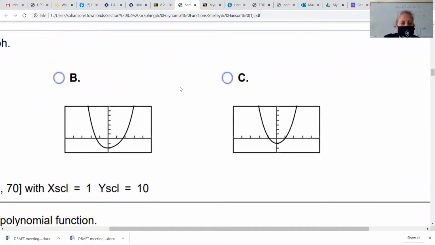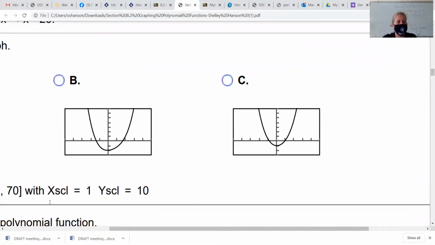Now, also, I noticed down here that little bit of information they give you at the bottom of the graphs. Look at the end of that. It says x scale equals 1 and y scale equals 10.